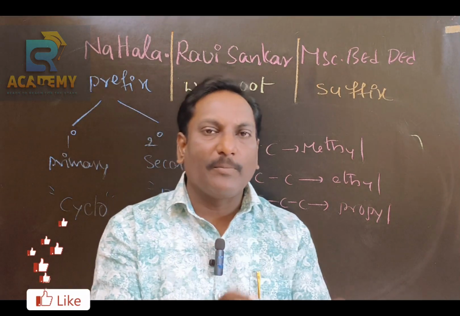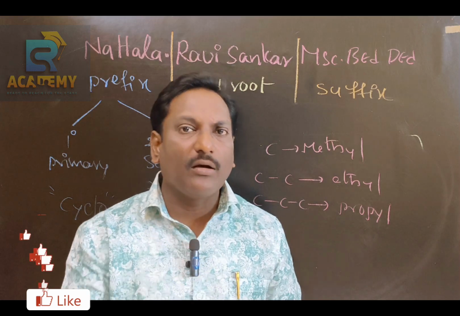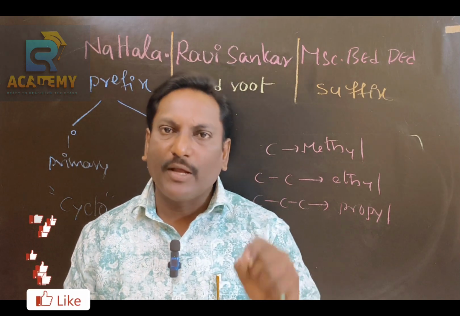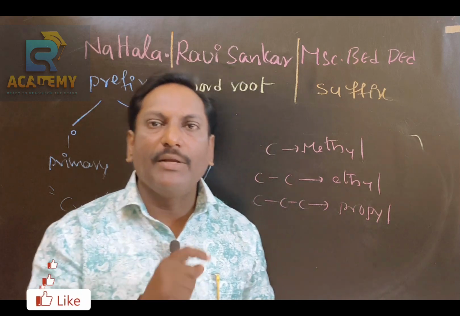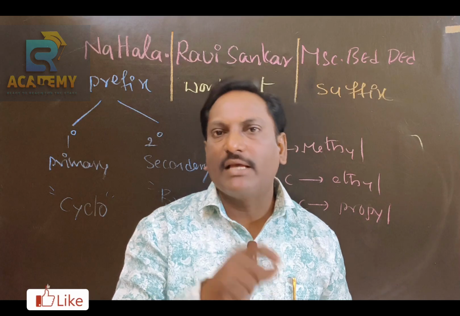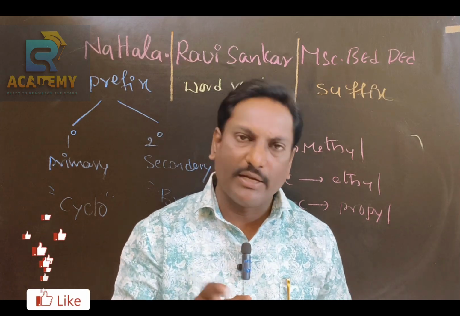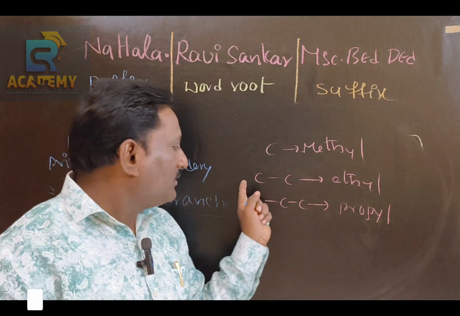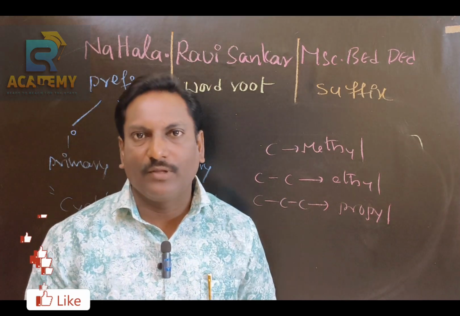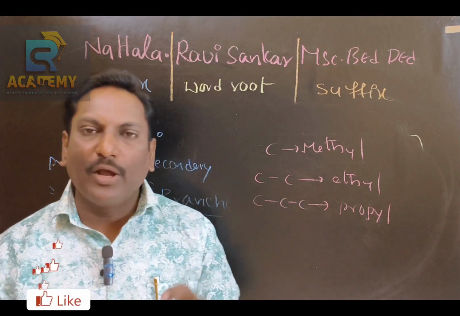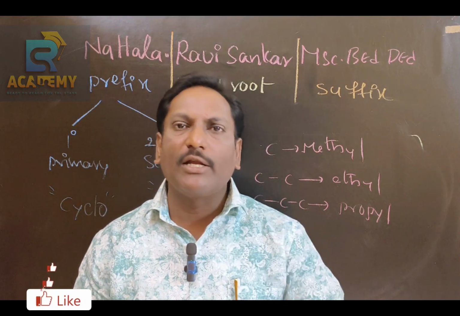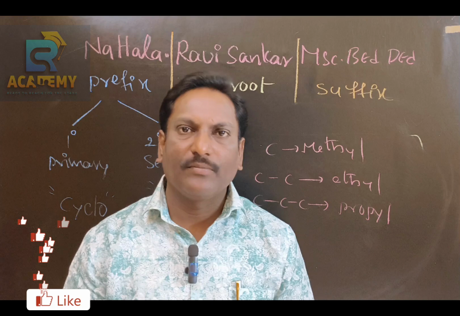Prefix is the first part of name of the organic compound. It can be classified in two types, primary and secondary. Primary prefix tells us whether the given compound is cyclic or not. If it is cyclic compound, we should use the word cyclo. Right? Next one. Secondary prefix tells us about branches. What is meant by branch? Branch means generally carbon atoms appear as a branch or alkyl group appears as branch.